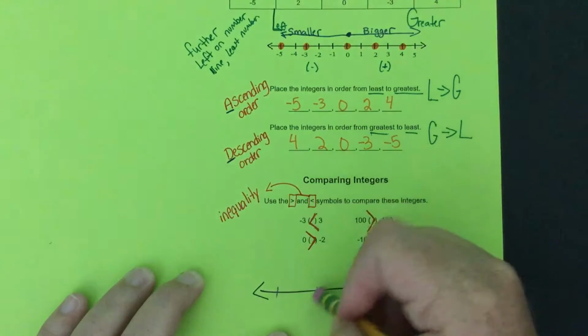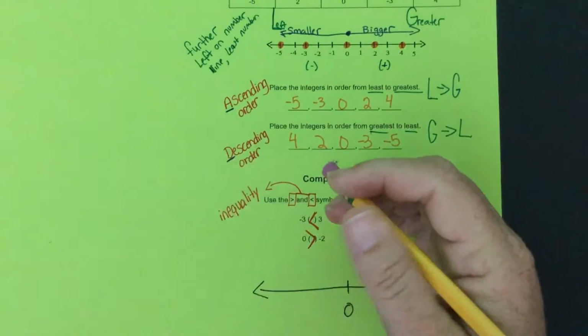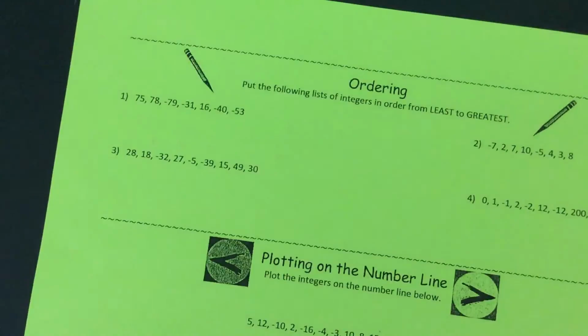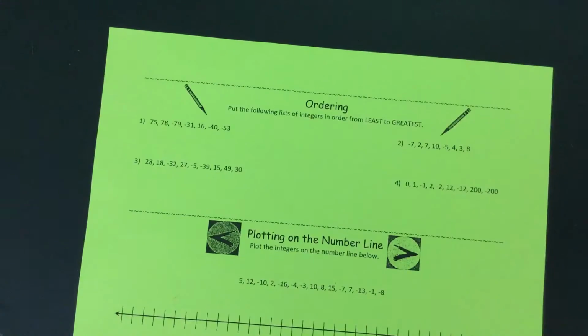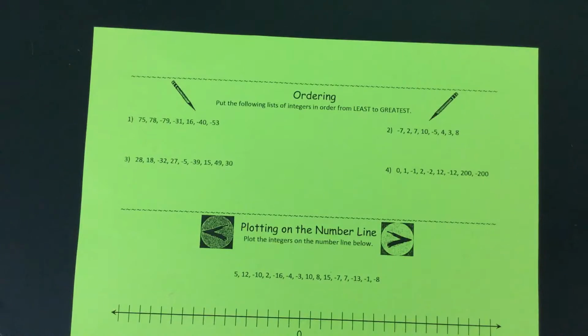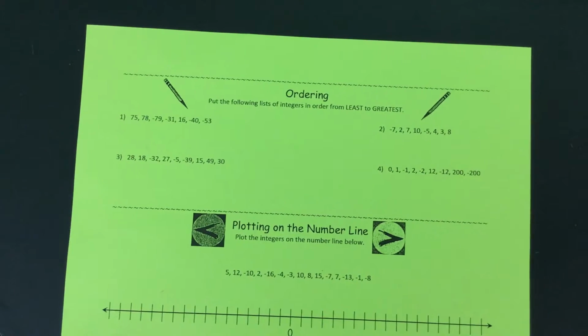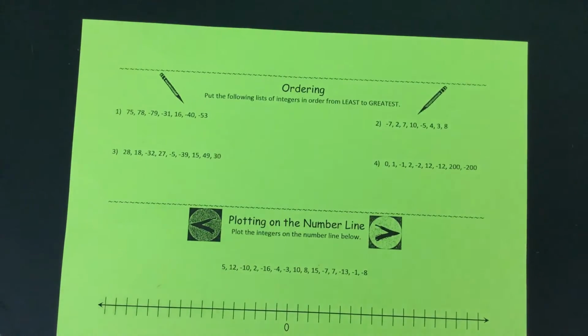All right. So what I want you to do, let's flip this over. I'm going to give you all some time. I'll put the timer on. And I want you to do these 5 problems.